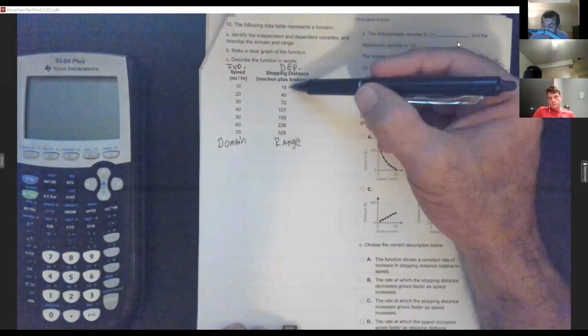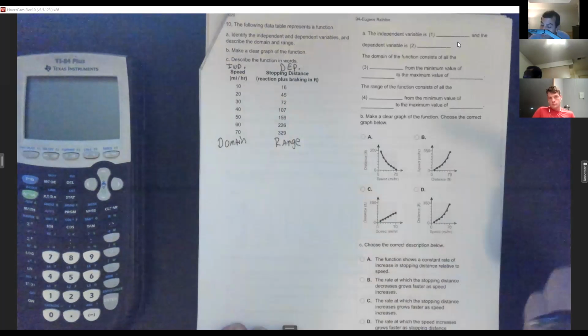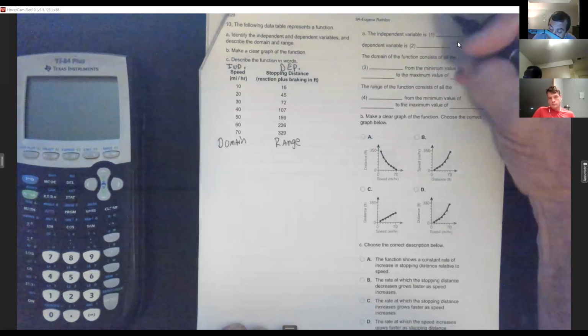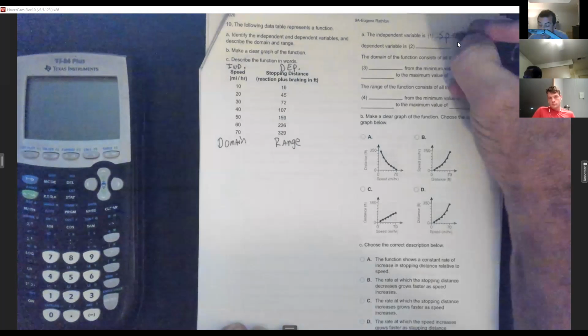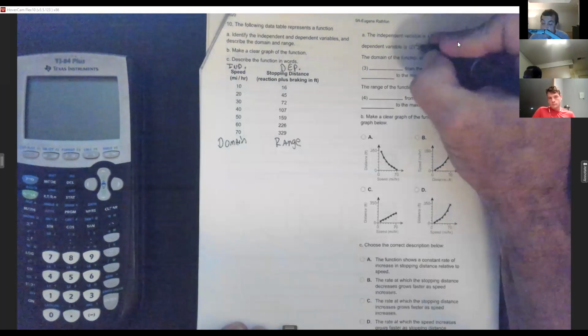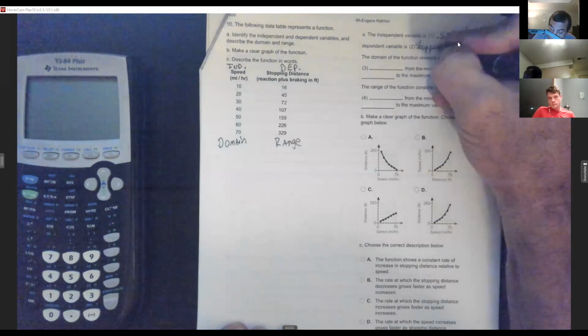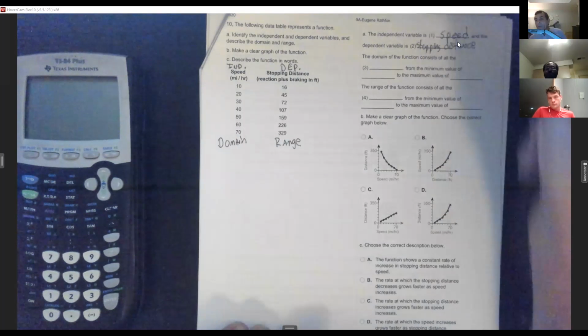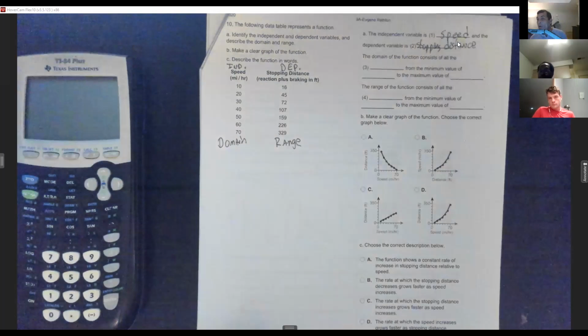So let's see what we're going to do. The independent variable is the speed, and the dependent variable is the stopping distance. So it depends on how fast you're going how quickly you're going to slow down, okay?